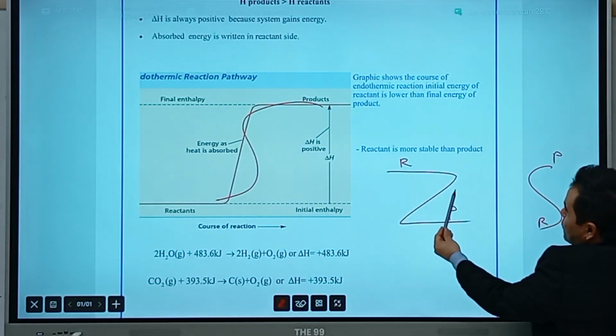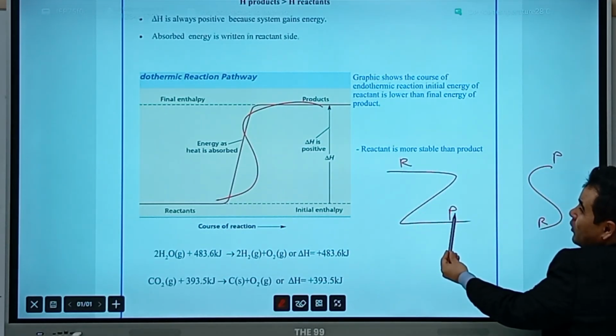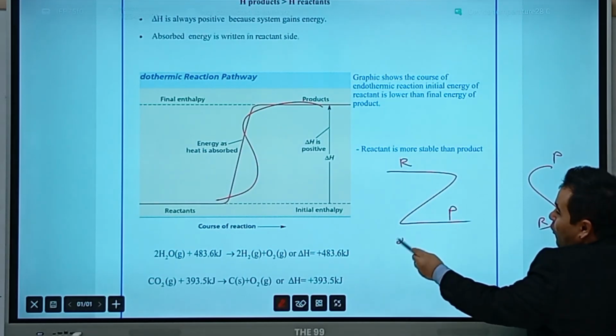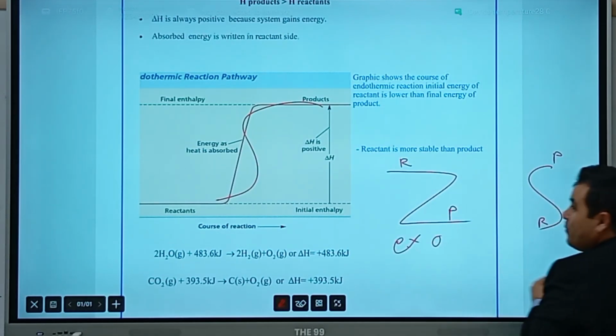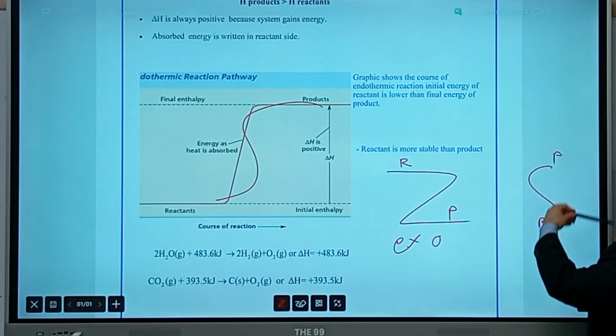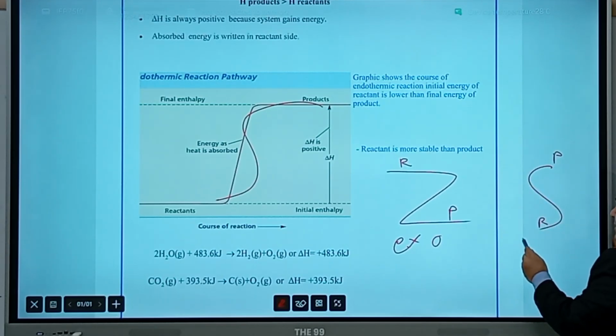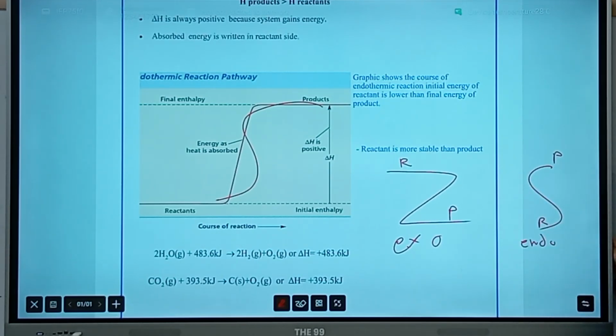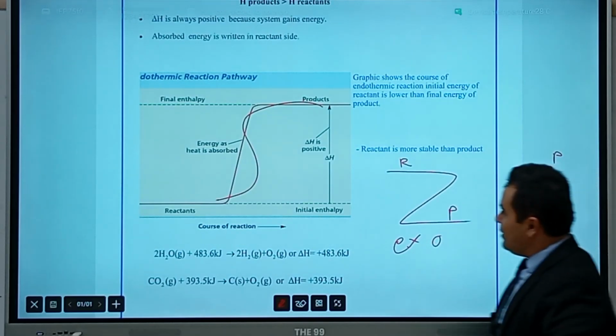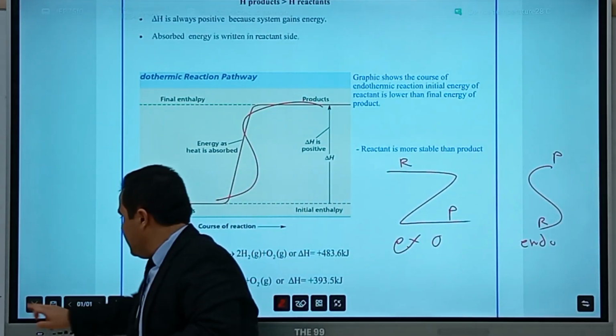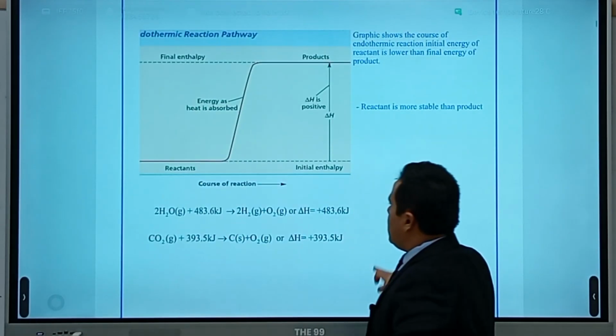Reactant goes to the product, lowers: this is exo. But reactant elevates to the product: endo. Just simply to not forget the enthalpy courses.